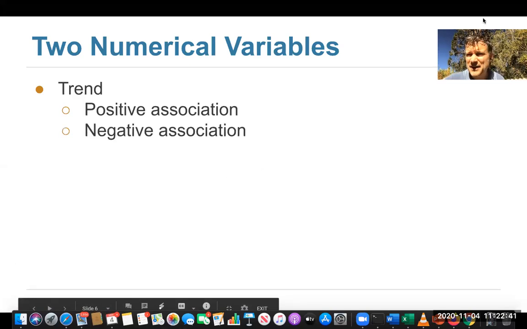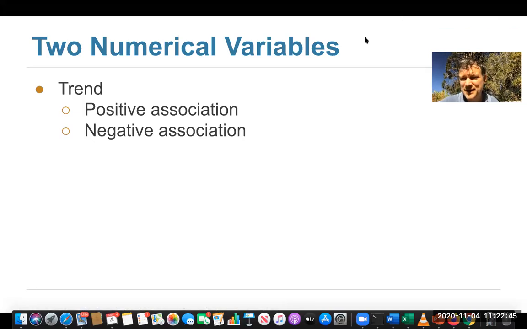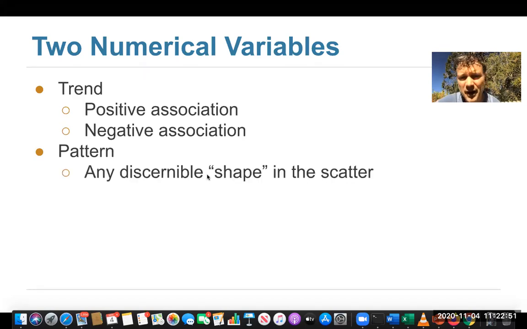And if the line seems to be going down as you go right, that's a negative association. So an association is just a way of saying there's some kind of a pattern, some kind of a discernible shape in the scatter plot. It's not an amorphous set of points, but there seems to be some kind of a shape.